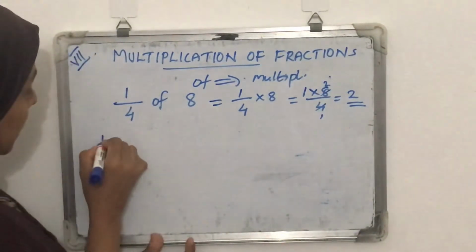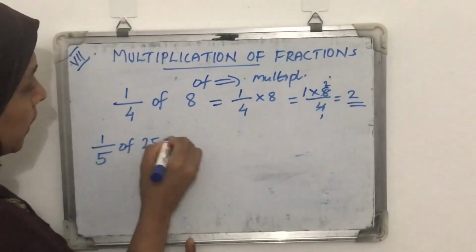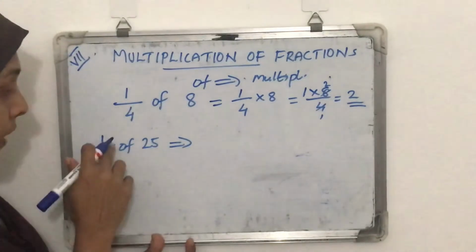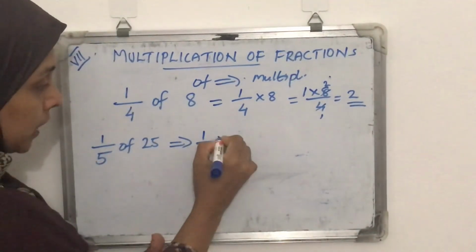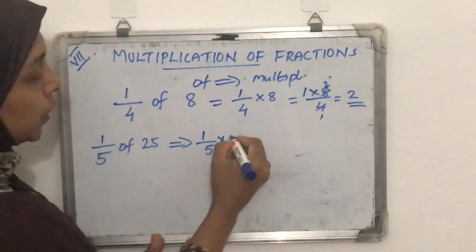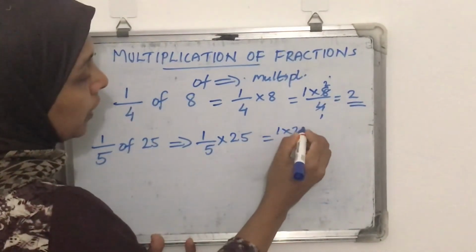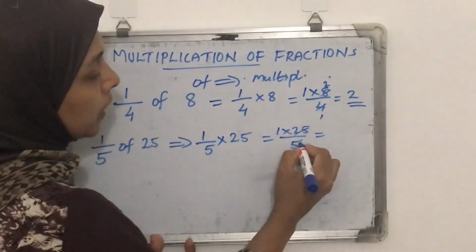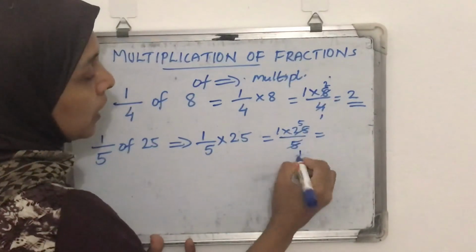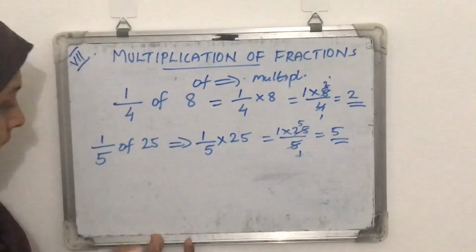Okay. Now another example. 1 by 5 of 25. What will be the answer? Instead of 'of' we can write 'into'. 1 by 5 into 25. That means 1 into 25 by 5. 25 and 5, you will get 5 here and 1. What is remaining? 1 into 5, so 5. Another example.